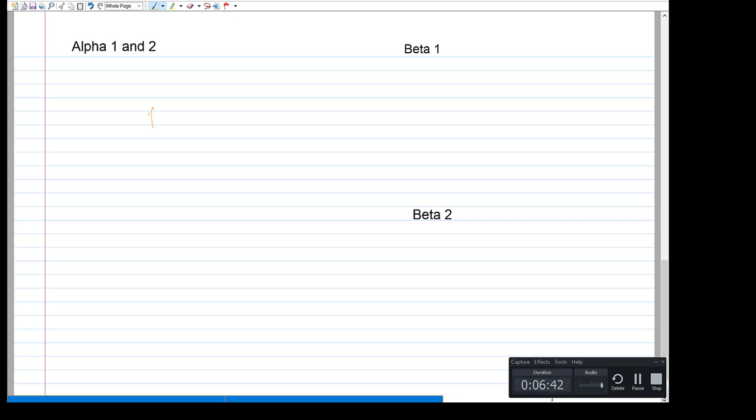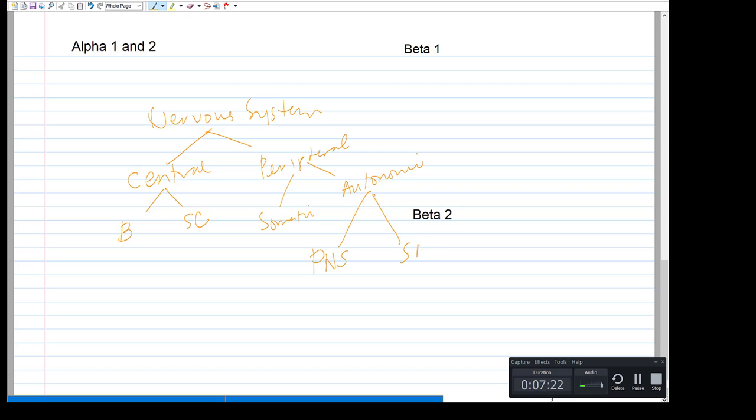In the nervous system, there is central and there is peripheral. In central there is brain and spinal cord. In peripheral there is somatic and autonomic. In autonomic, it's divided into parasympathetic nervous system and sympathetic nervous system.